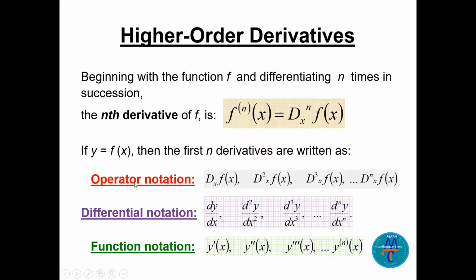We can use operator notation, like this capital D. This is the derivative of x, the second derivative. Differential, we say dy over dx for the first derivative, d squared y over dx squared. See the way we write it? d cubed y divided by dx cubed, or function notation y prime, y double prime, y triple prime, etc.